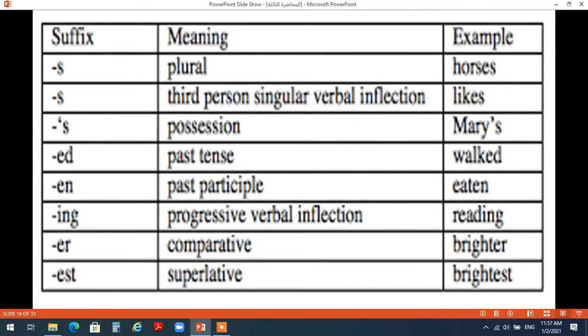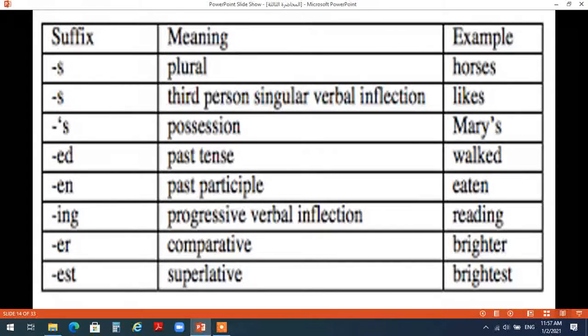The other inflectional suffix is the d or ed, which is used or added to change the verb from the present tense into the past tense. For example, the verb walked. And sometimes we have to change the verb from past simple into past participle by adding ed or d or en.